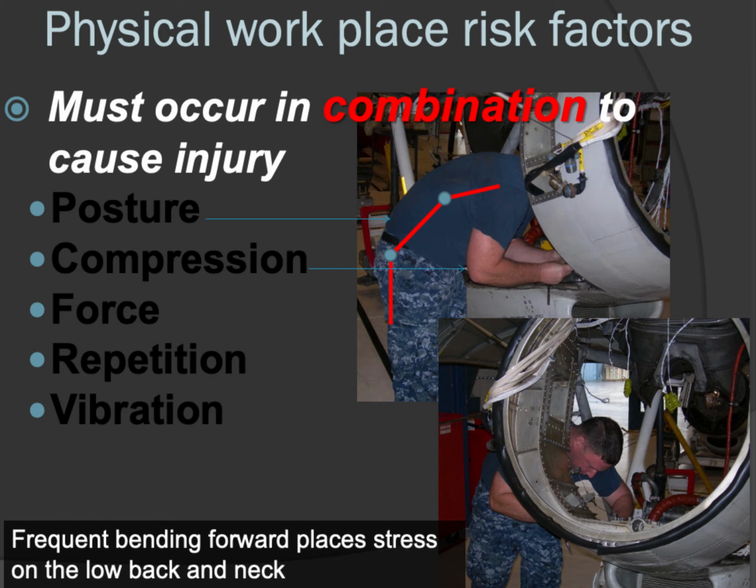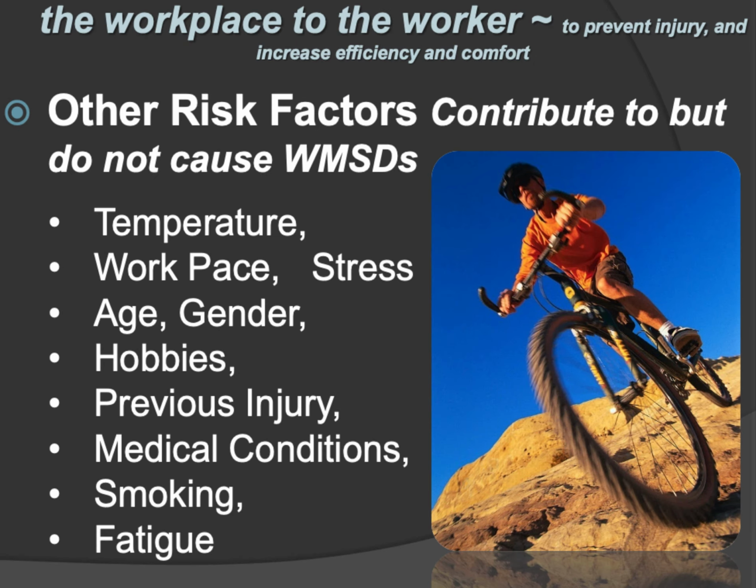And if we increase the magnitude of these risk factors, or if these risk factors occur in combination, or if we increase the duration of these risk factors, then we're increasing the probability that somebody's going to develop a work-related musculoskeletal disorder.